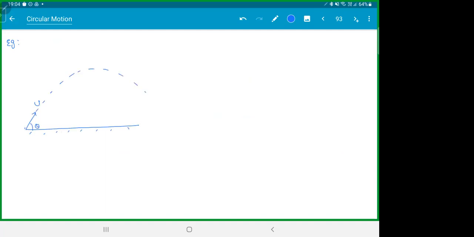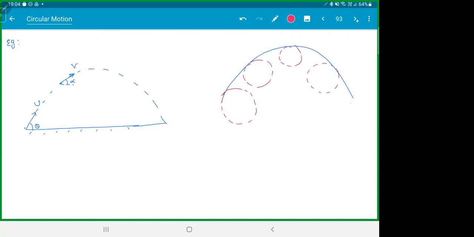So as it is flying here, at this point, let the velocity be v and angle alpha. Now I can ask you to find the radius of curvature. You need to understand that this parabola can be treated like circles. You can treat the entire parabola as made of small circles, meaning each small segment can be treated as a part of a circle.